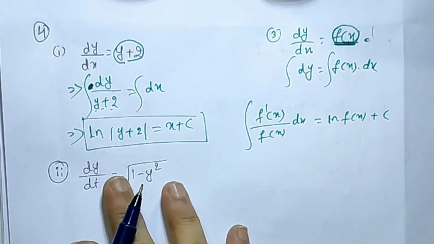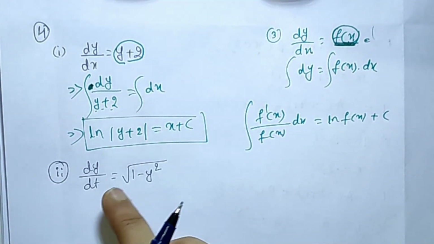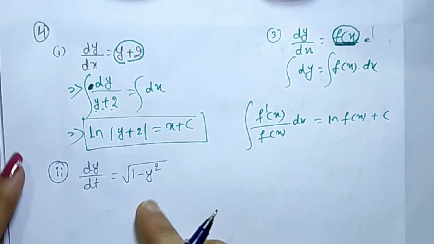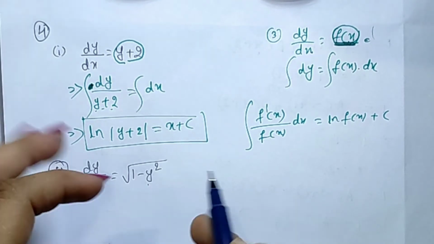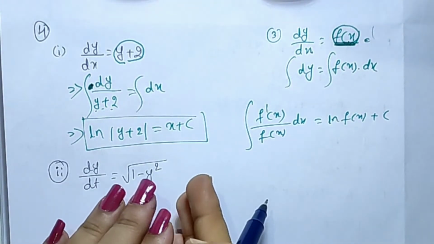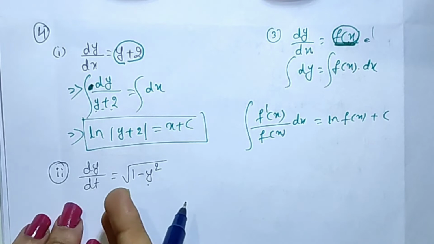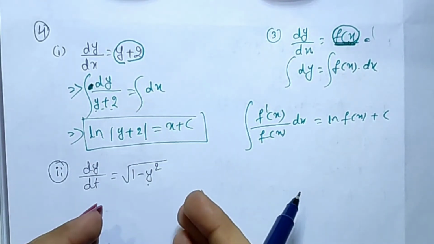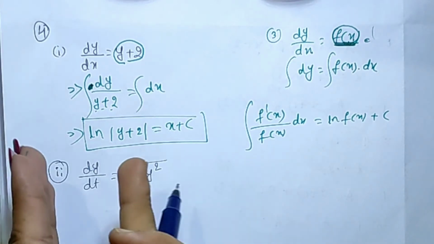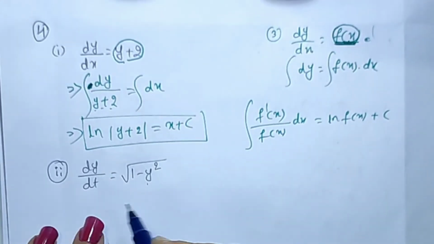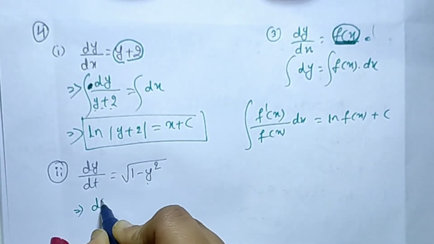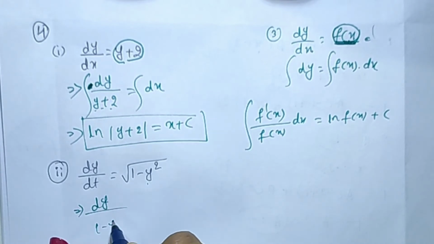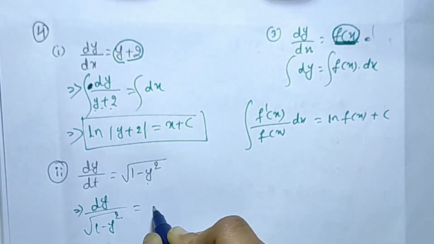Now, the next question is dy by dt is equal to 1 minus y square. Again, this is a function of y. So we have to take this term on the left hand side, because the left hand side is dy. We have to keep one variable on one side and the other variable on the other side, which implies dy by 1 minus y square is equal to dt.